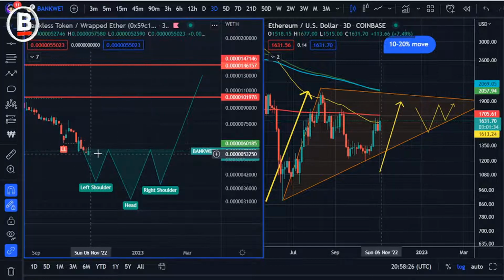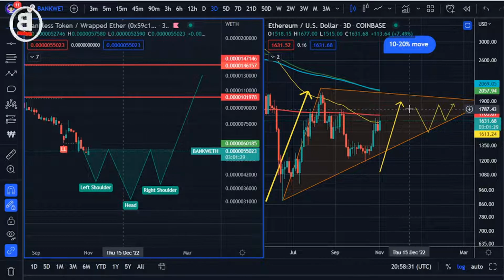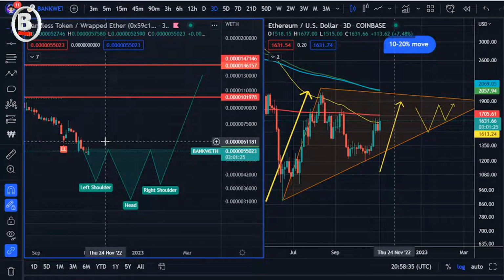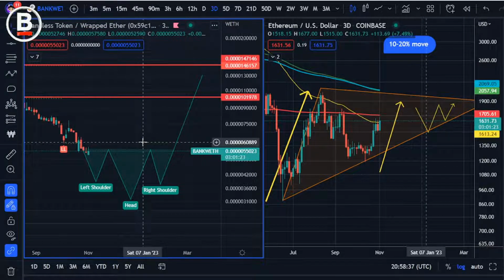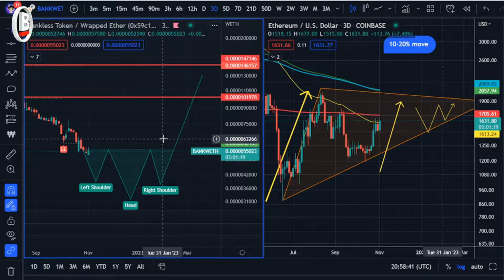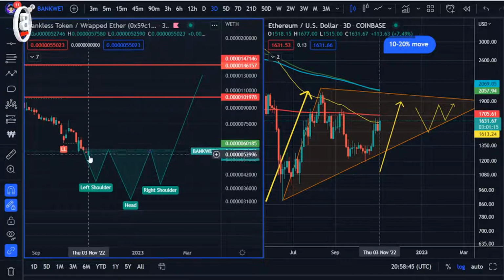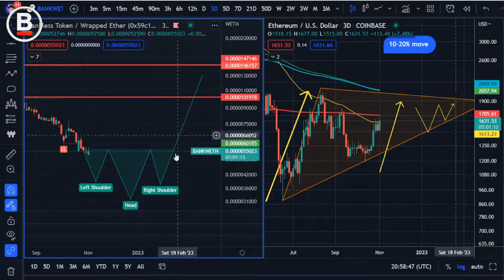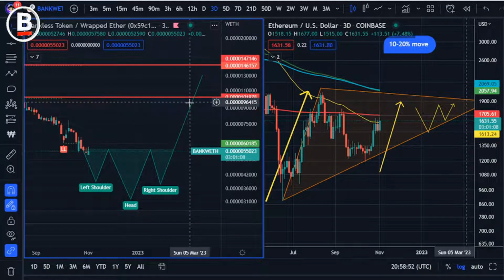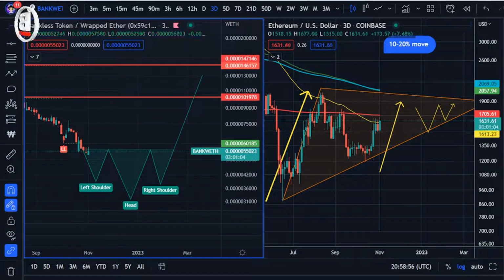Essentially we come down, up, lower high, and then we can start looking to break the previous highs. And so this could very well happen that as Ethereum moves sideways, again, if it stays within this triangle, then we can expect the bank token to put in some type of reversal pattern, not necessarily a head and shoulders, but definitely some type of pattern that leads into at least a bounce to a lower high over the next 3 to 5 months, right?